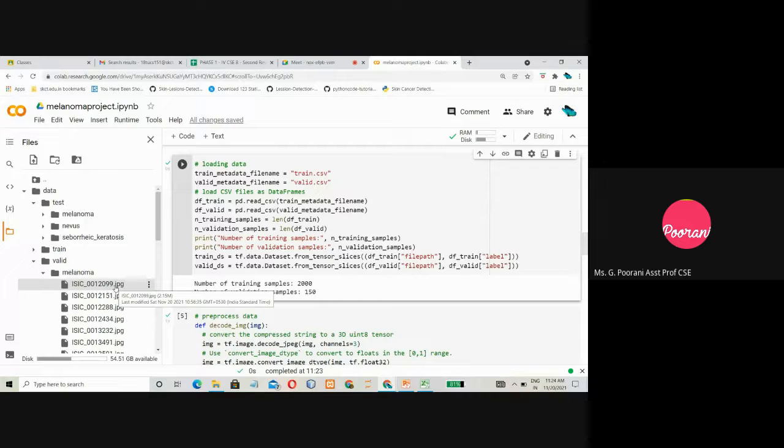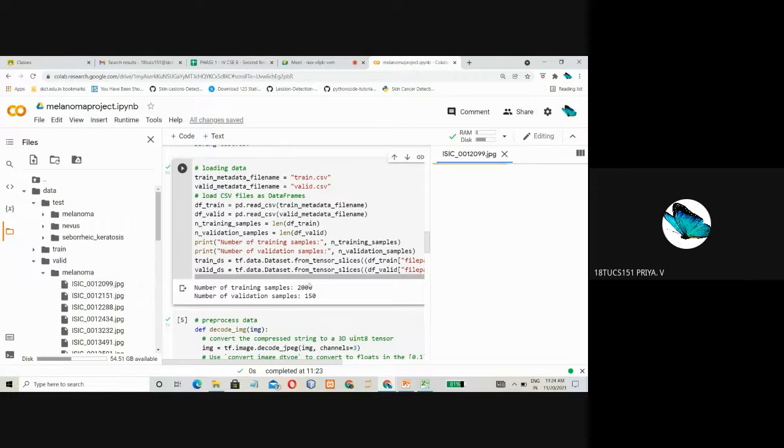In the first module, skin enhancement is removing artifacts, ma'am, and if an image is valid, it gets stored in the valid data set. Just show me the output of it.